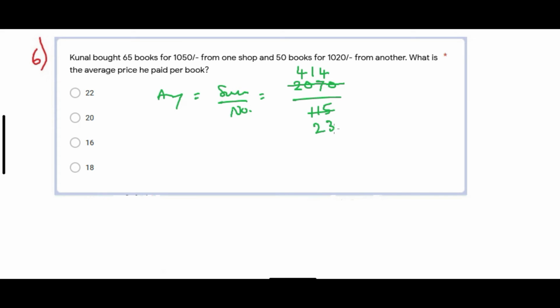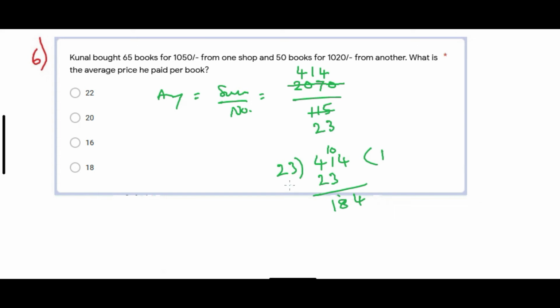Now it may go directly into 23 and 414. 23 twos are 46, so it's not sufficient. So let me go ahead with 23 ones, 23 tens is 230, and 414.